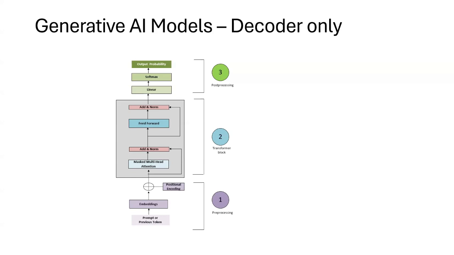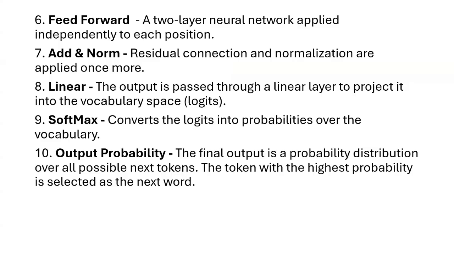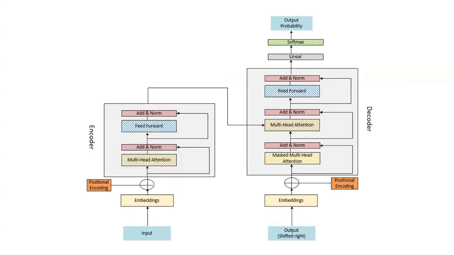One thing, if you look carefully at the previous architecture, in the decoder part multi-head attention is also involved. But in the decoder only architecture, we don't need that multi-head attention. Why? Because we are not using the encoder architecture. Let me clarify here. Whatever is on the left side, the encoder, processes the input and passes it to multi-head attention. This is also called cross attention.